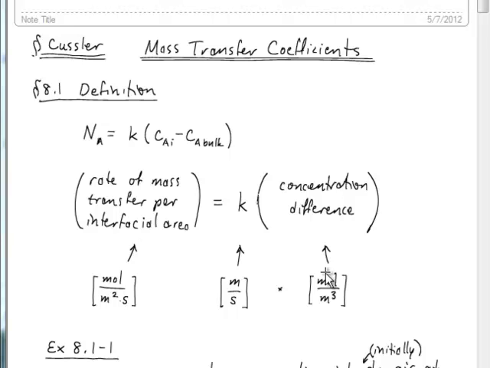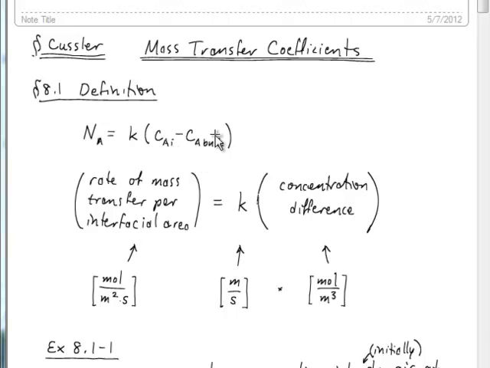Today we're going to introduce mass transfer coefficients. The theory is pretty simple. Instead of talking about concentration gradients as the driving force, we just identify a concentration difference between the interfacial concentration and the concentration in the bulk.